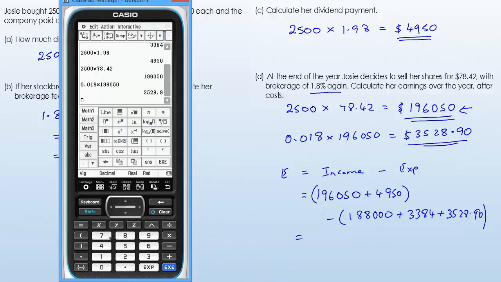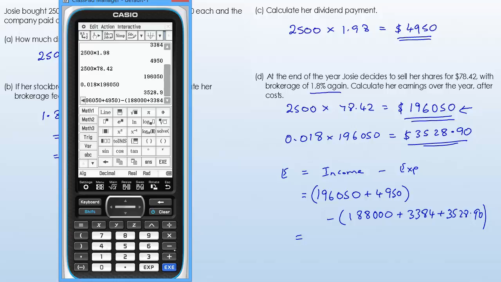So we have, I'm going to use brackets so it's exactly as I've written it down. So 196,050, add the 4,950, and we want to take away all of the expenses. So that was the $188,000 that she paid for the shares initially, and then we had to pay brokerage fees.